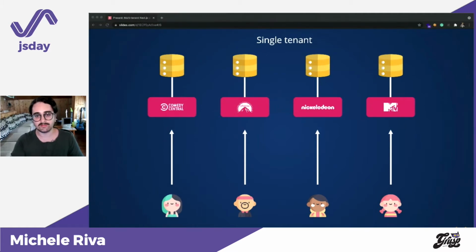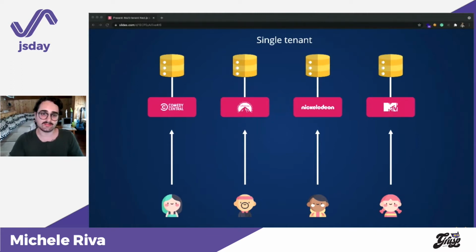The same approach can be taken for all the websites for our brands. So every single brand can have its own tech stack, its own database or data source, and so on. Basically, every single website is logically and physically separated from the others.